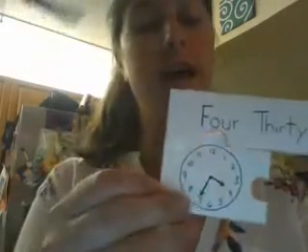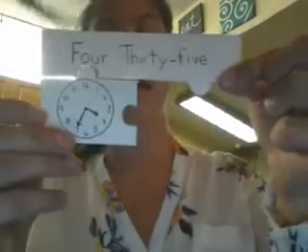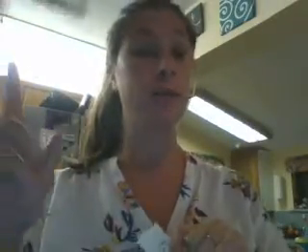From the information that we have, 4:35, in our written form and from our analog clock, can you tell me what it might look like on your whiteboards on a digital clock? Excellent.